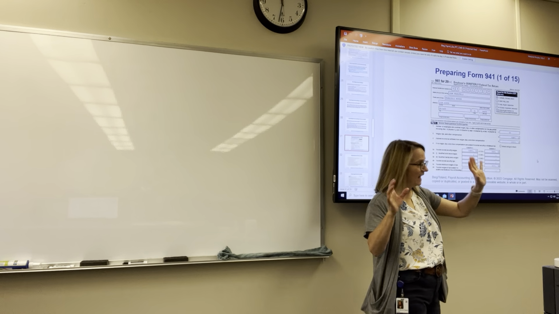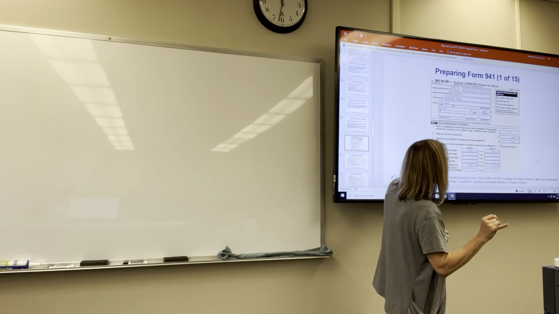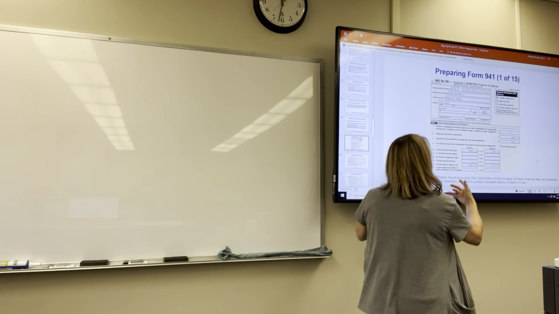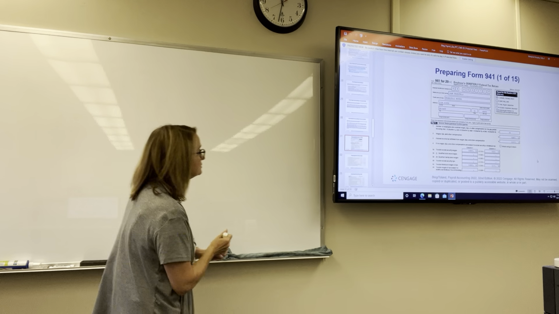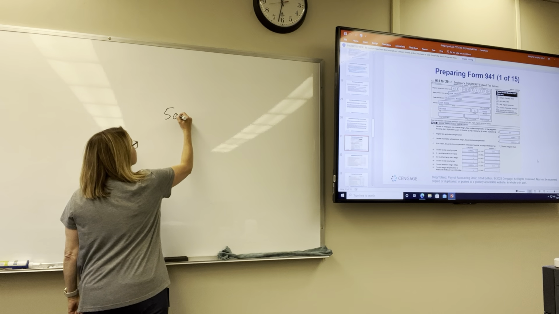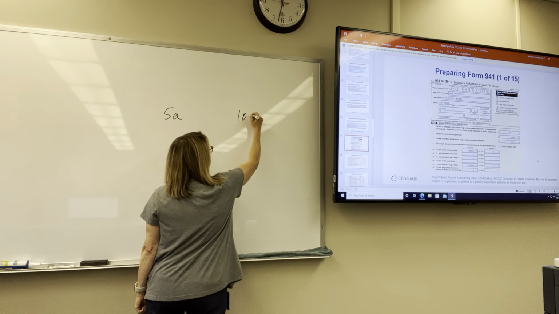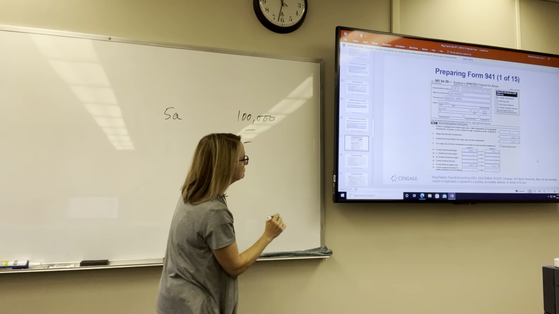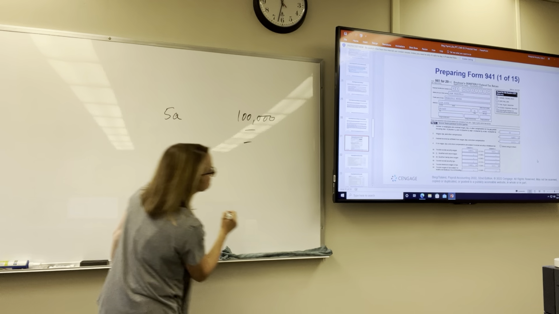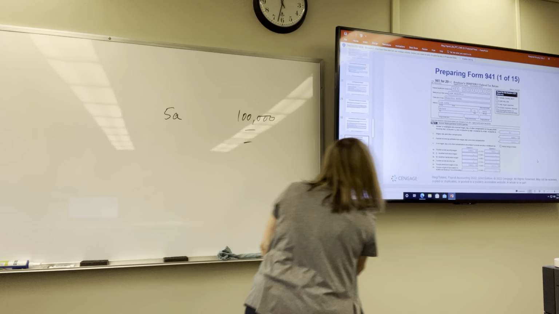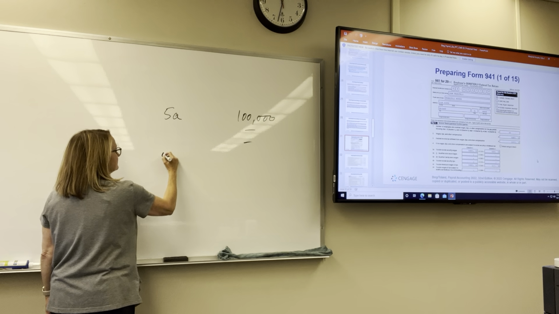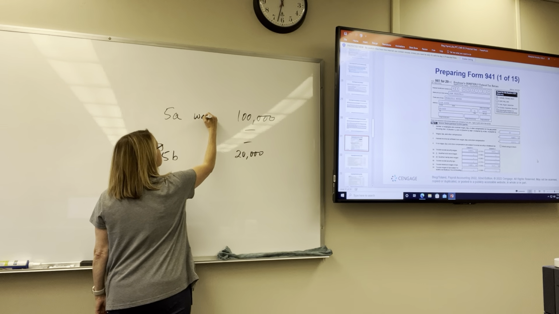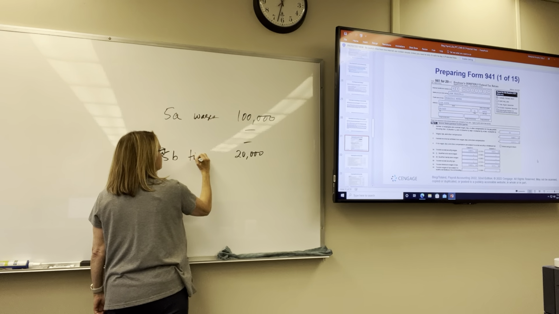Now, for some reason, and don't ask me why, I can't tell you off the top of my head, Medicare wages and tips are bunched together, right? So for taxable Social Security wages, line 5A, we'll say 100,000, and then nothing on those two lines. 5B, we have 20,000 in tips, so this is wages, this is tips.